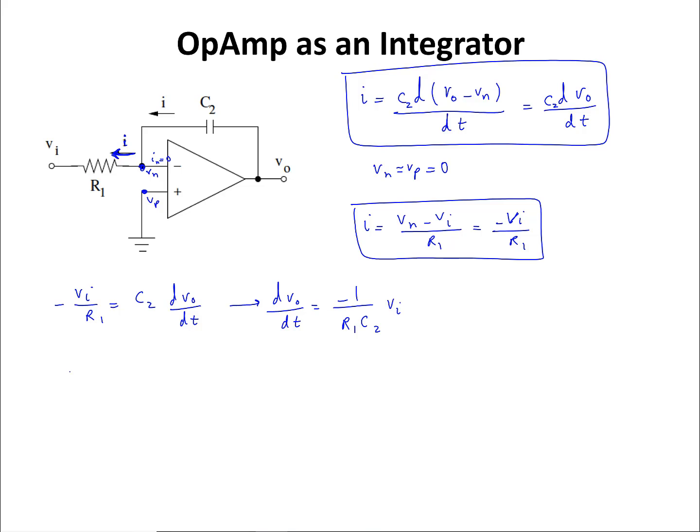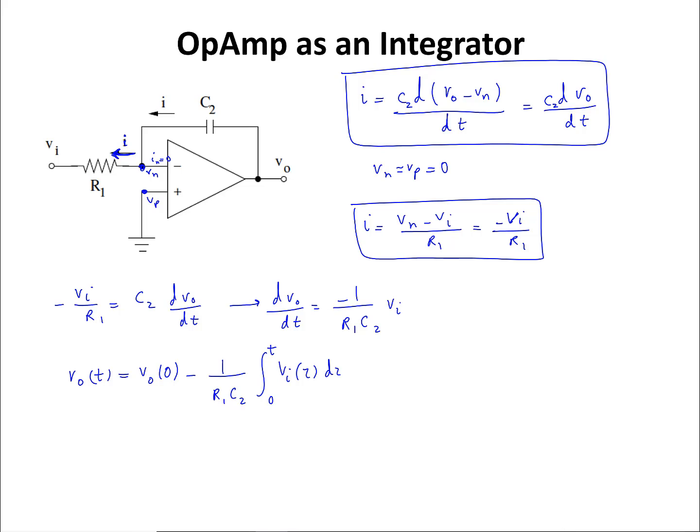And if I solve this differential equation, Vout of t is going to be equal to Vout at time t equal to 0, the initial value of the voltage across the capacitor, minus 1 over R1 C2 times the integral of Vi of tau d tau starting from 0 to t seconds.